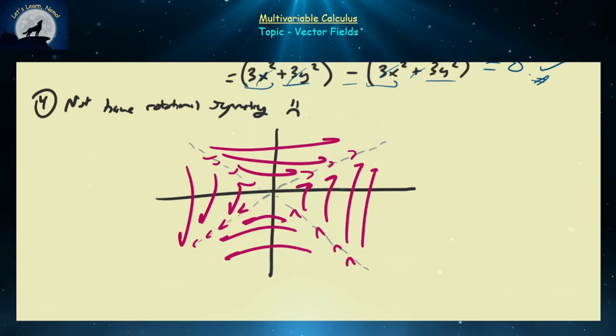So obviously this is just a saddle surface rotated, which does not have rotational symmetry. Because technically speaking, if it did, then the original one would also have rotational symmetry, since this is just a rotated version of this.